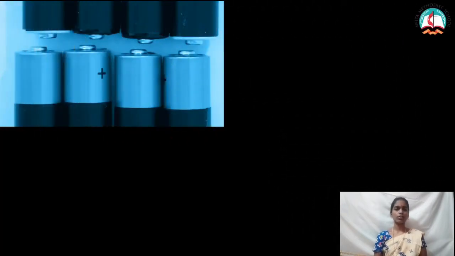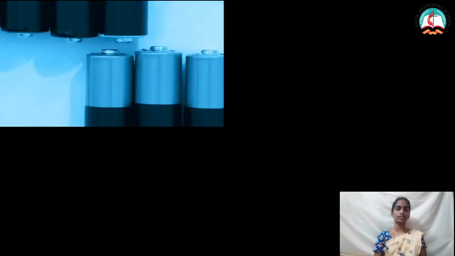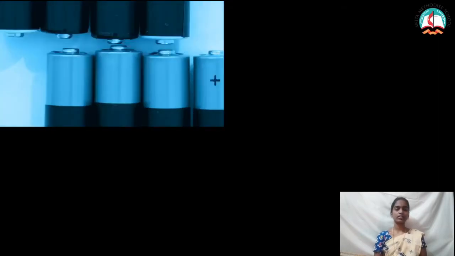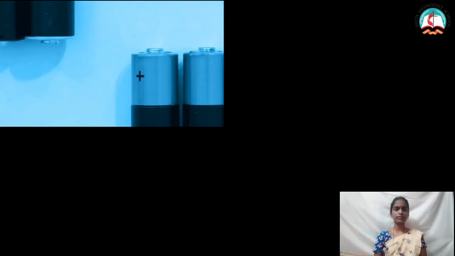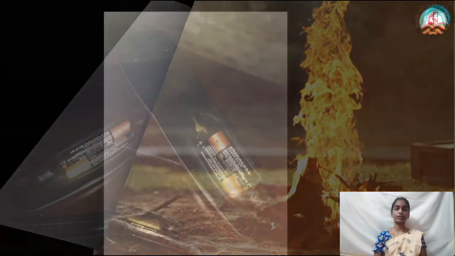So now you can tell me, how does your TV remote work? How does it work, children? Yes, only when we put the battery into the battery case, the TV remote will work. These batteries also contain chemical energy so that it helps the remote to work properly.